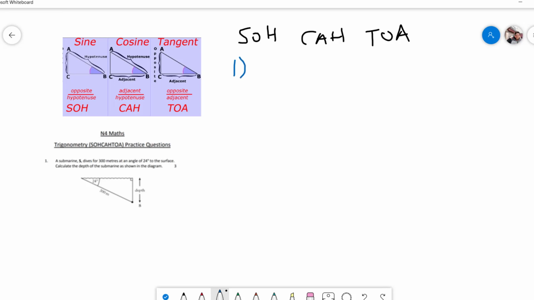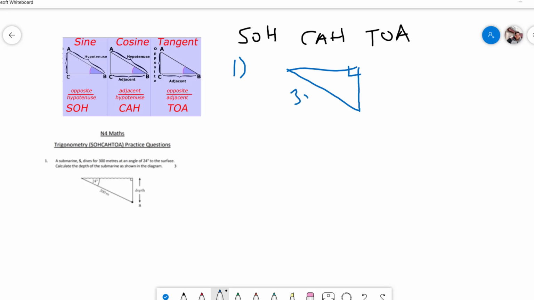A submarine S dives for 300 meters at an angle of 24 degrees to the surface. Calculate the depth of the submarine as shown in the diagram. I'll just copy that diagram to make things clear.